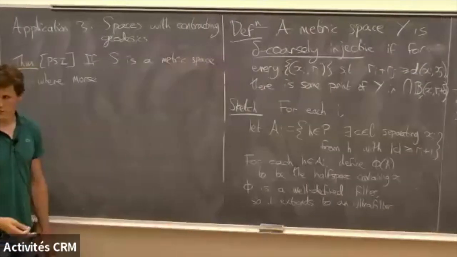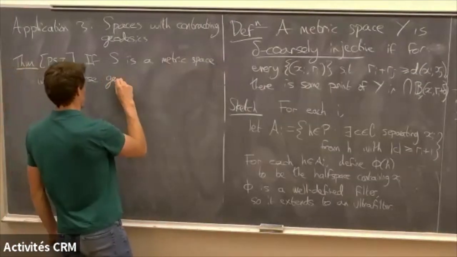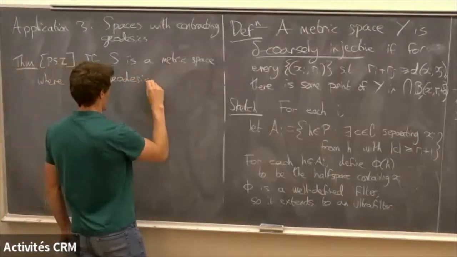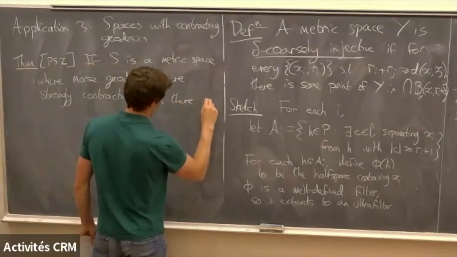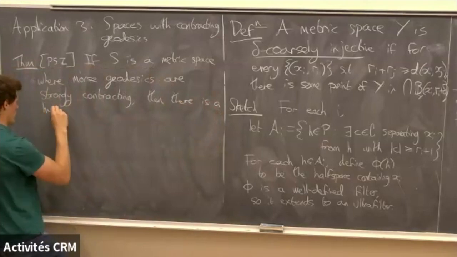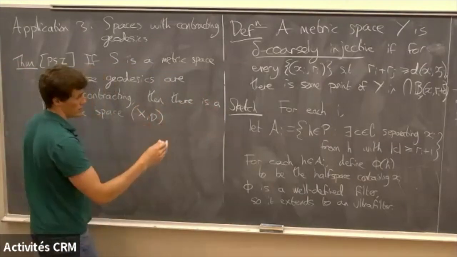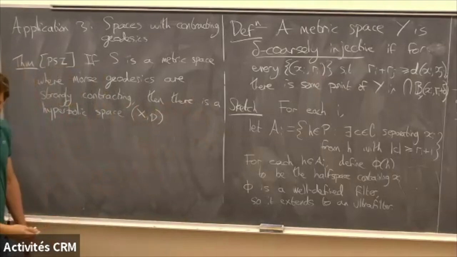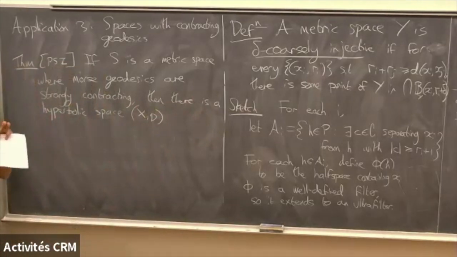Sorry, I'm not going to have a chance to define these things. So just for the people who know what they mean, then there is a hyperbolic space that is obtained from this procedure that is universal for WPD loxodromics.